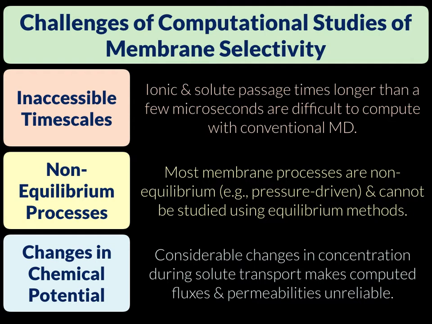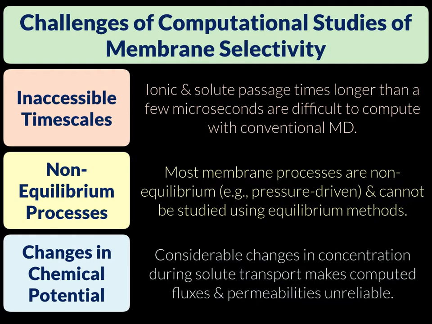So you can have significant changes in concentration, and that will prevent us from reliably determining the selectivity and passage times as a function of concentration, or feed concentration, which is a process variable that we are typically given in designing membrane-based processes.